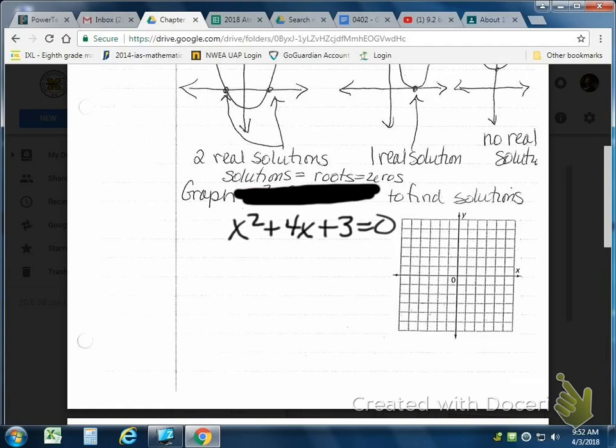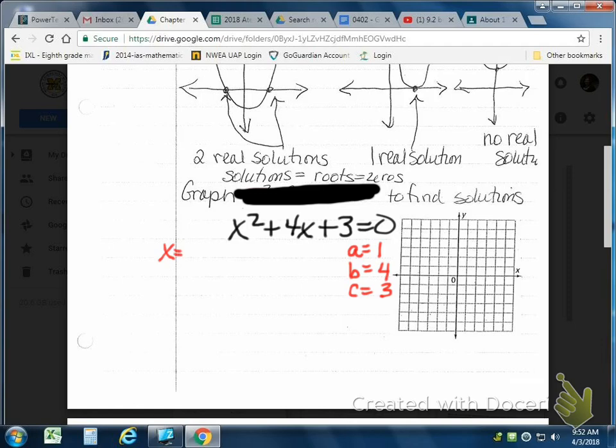As we began yesterday, we should start off by writing what A, B, and C are. What is A? 1. What is B? 4. And what is C? 3. After you number A, B, and C, you go ahead and work on your axis of symmetry. I told you yesterday you have to memorize this.